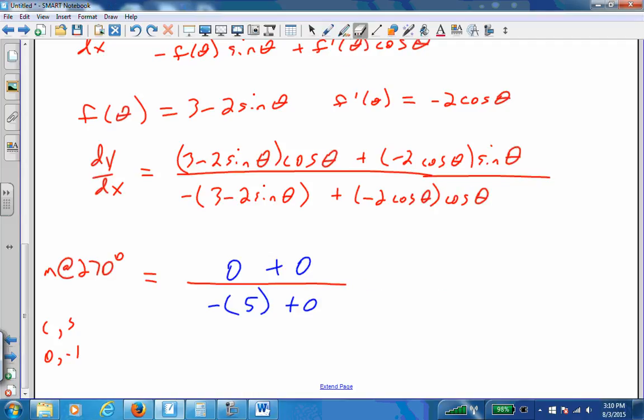So what do we get for that? 0 over negative 5, which is 0. Wasn't that what we thought the slope of the tangent line was? That's what we suspected.